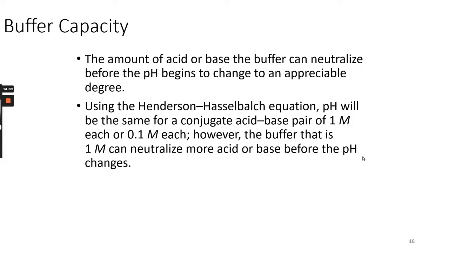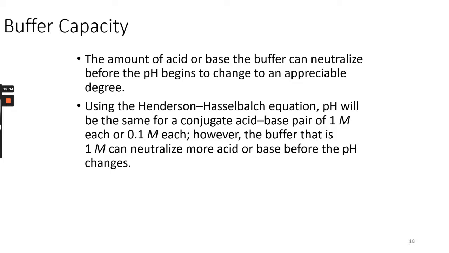The buffer capacity is the amount of acid and base that a buffer can handle or neutralize before the pH begins to change a noticeable amount. So a buffer solution cannot buffer unlimited amounts of acids and bases. You're going to reach a point where you've exceeded its buffering capability.